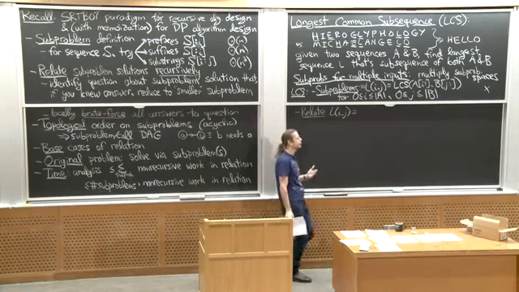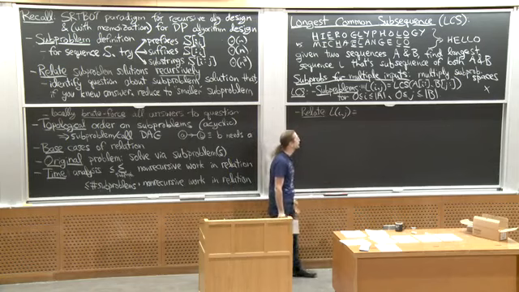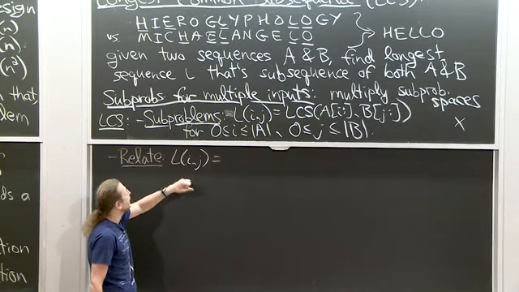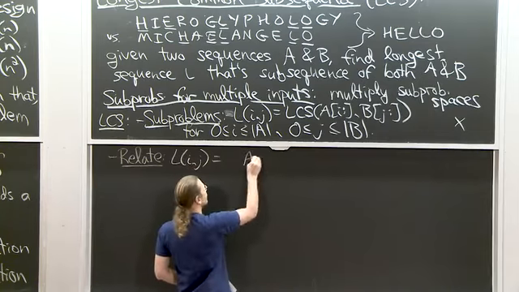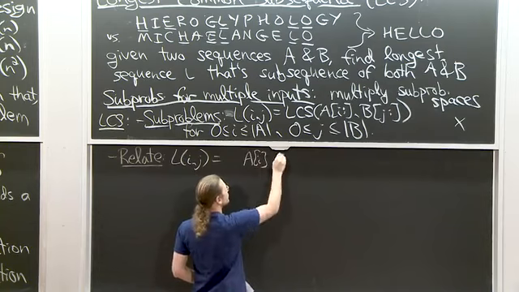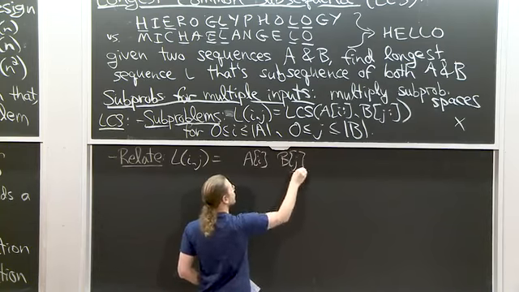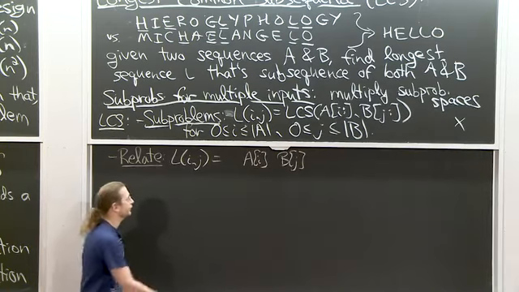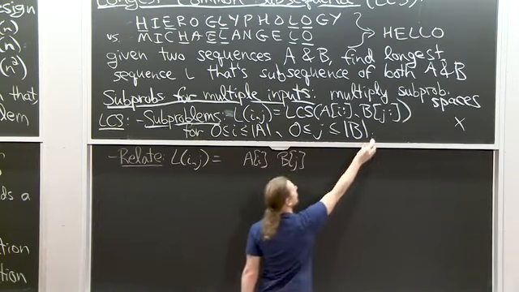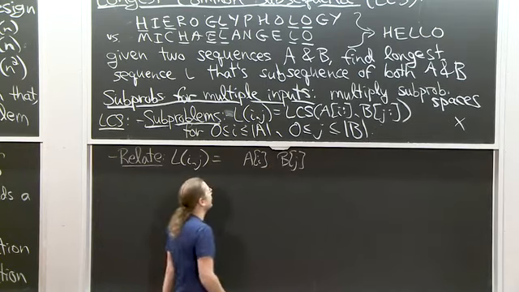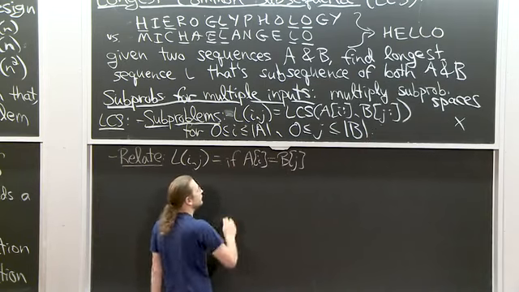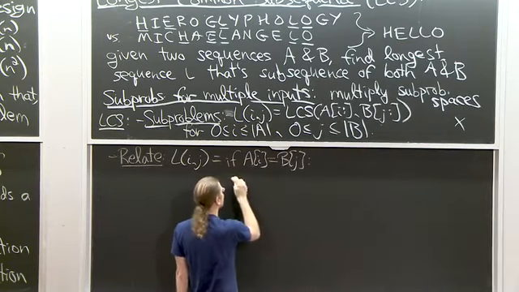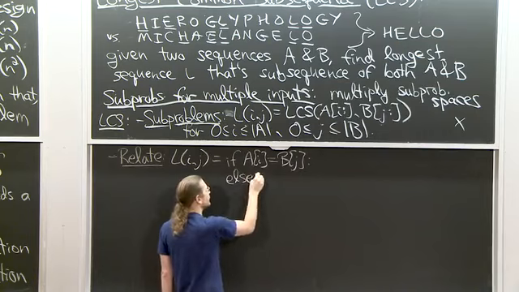If you're doing prefixes, you should always look at the last letter. Either one would work for this problem. So we're doing suffixes. We look at A of i and B of j, the first letters in the suffix of A starting at i and the suffix of B starting at j. And there are two cases: they could be equal or different.